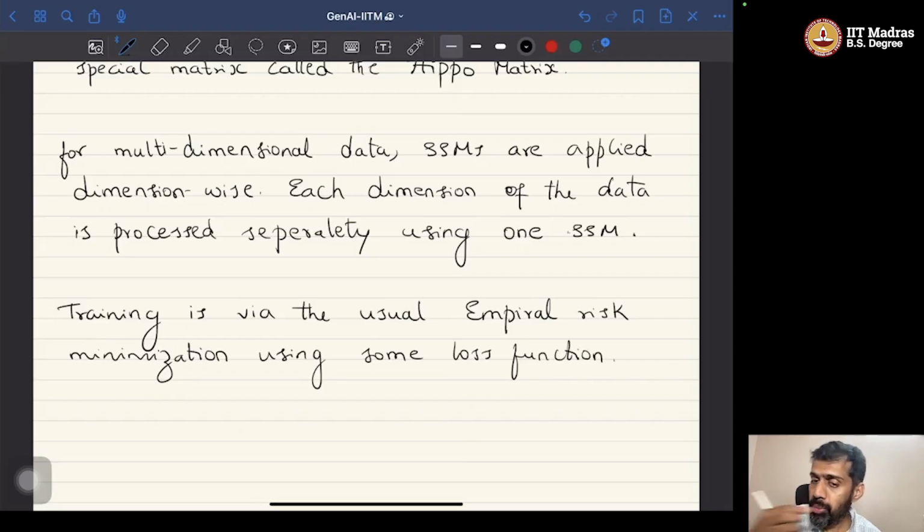So it can be done in both supervised and unsupervised ways. If you have supervised data, supervised losses can be used. If the labels are not present, if it has to be done in an unsupervised way, then just like the training of transformers is done by having a next token prediction task, which is the idea of masked language modeling, exactly the same thing can be done using an SSM as well.